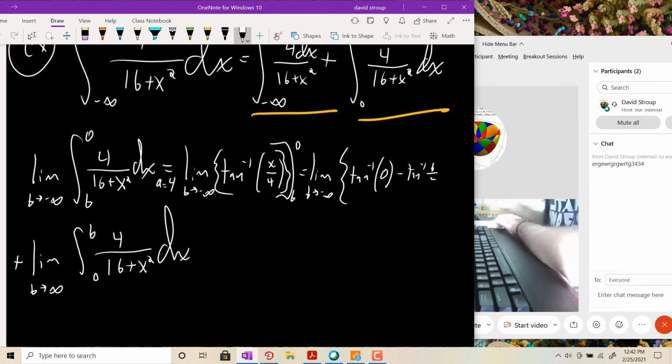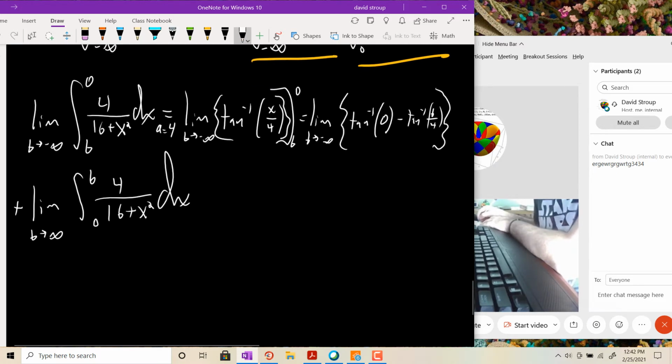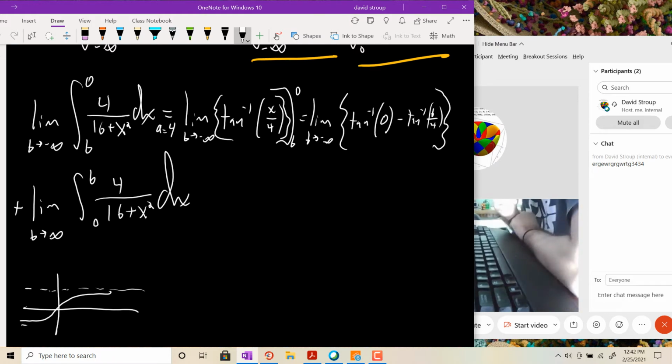So b over 4, and then we need to evaluate that. So to evaluate that, as b goes to negative infinity, think of the inverse tan function. Inverse tan function, it looks like this. Okay, and it has asymptotes at negative pi over 2 and pi over 2. So as we approach negative infinity in this direction, the graph is going to approach negative pi over 2.